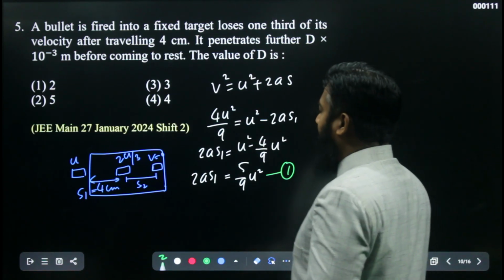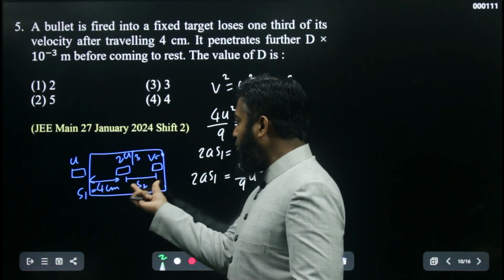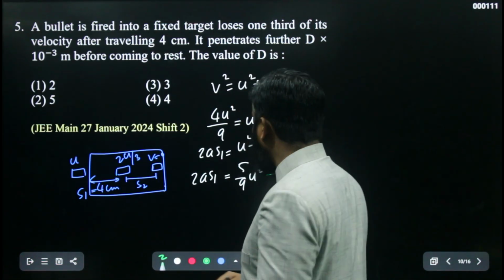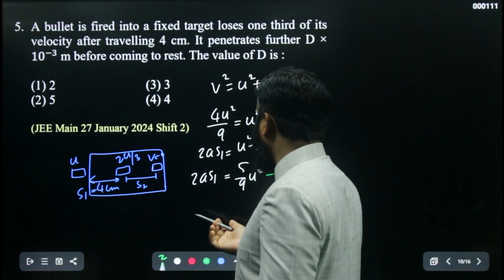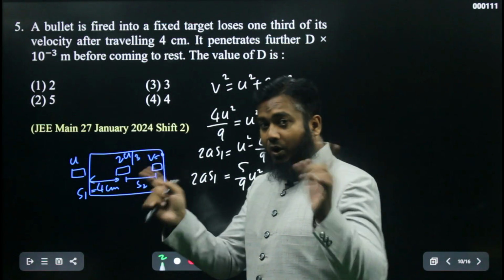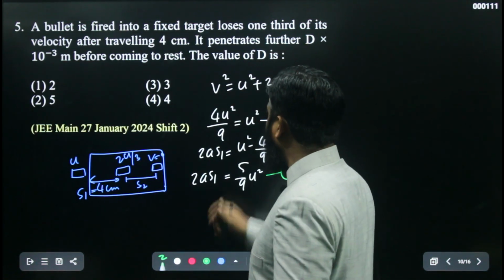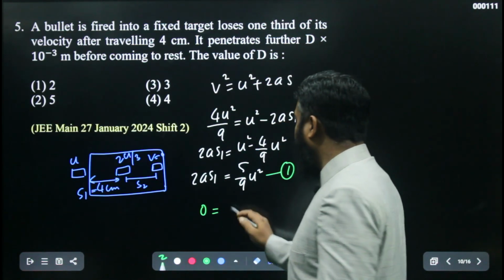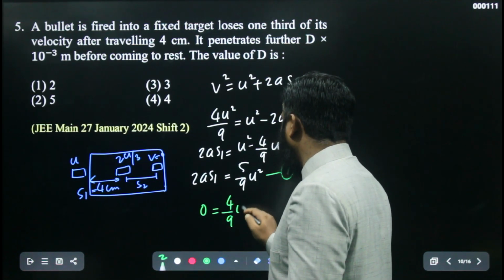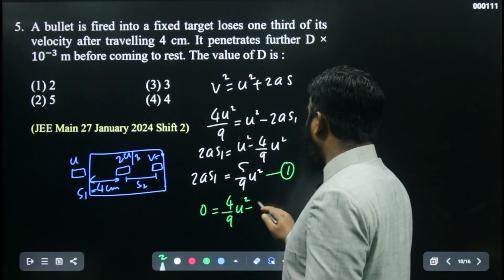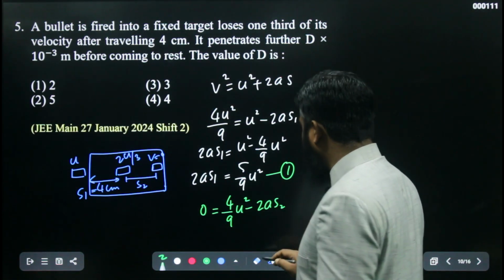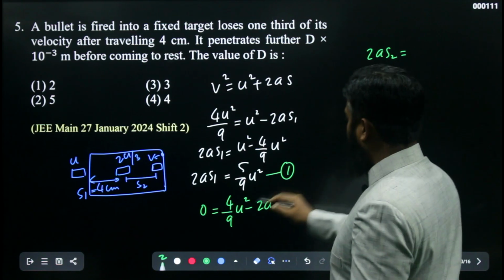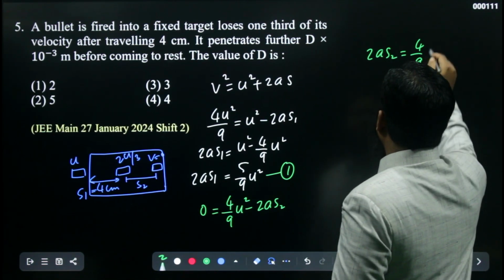In the next case, for the distance s2, initial velocity is 2u/3 and the final velocity is 0. So again, using the third equation and also using the same value of retardation: final velocity is 0, initial velocity is 2u/3, that would be 4/9 u², minus 2a s2. So 2a s2 would be simply 4/9 u².